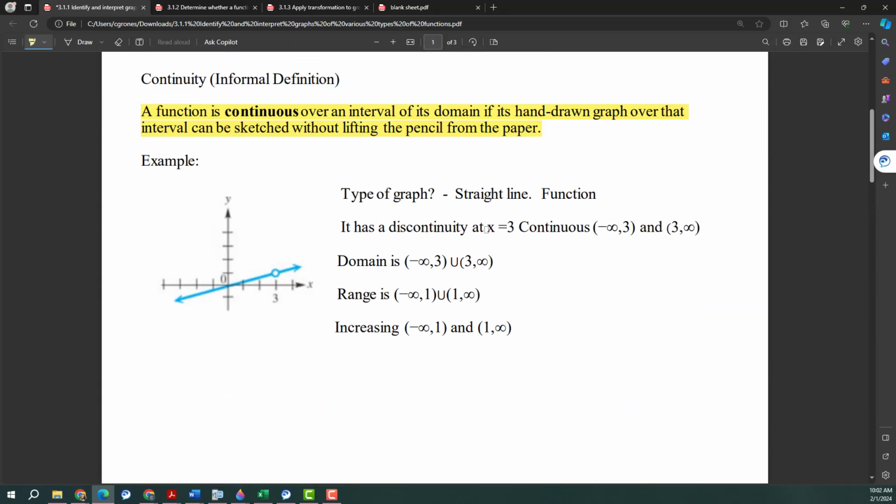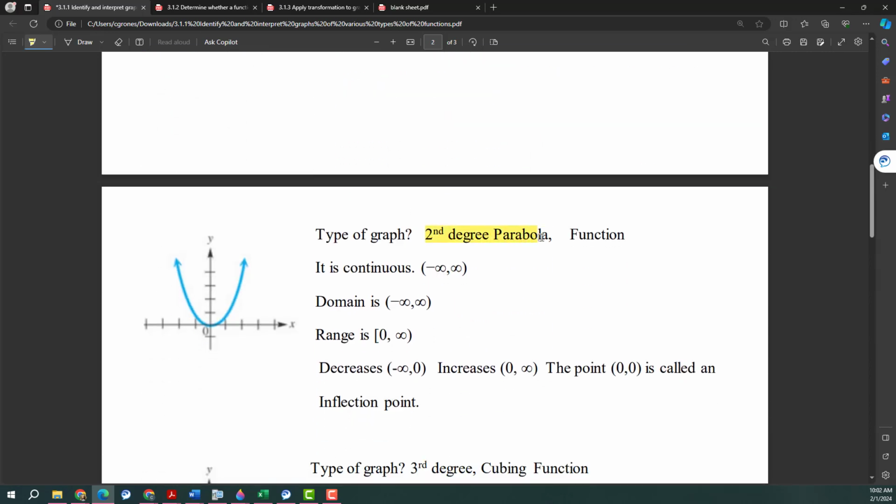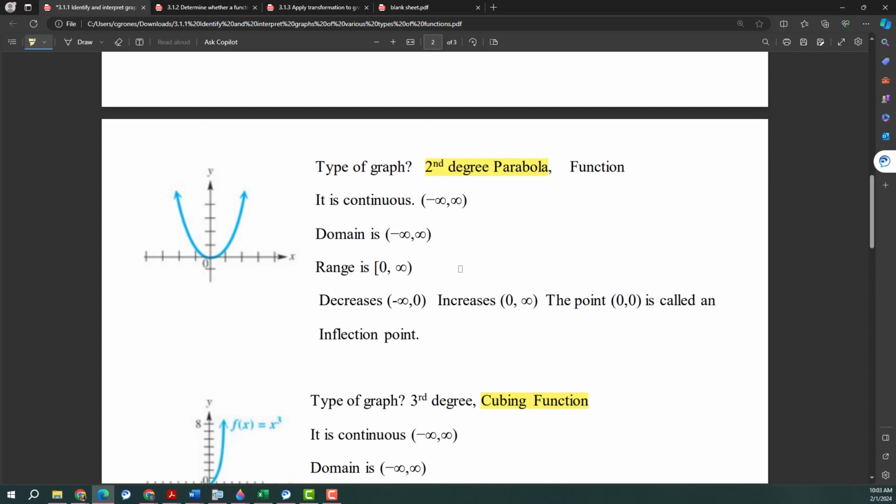So this was the straight line function. This is the second degree parabola, so we've got our squaring functions. Below that we have our cubing function. And it just tells us if it's continuous or not, gives the domain and range, when this graph is increasing or decreasing.